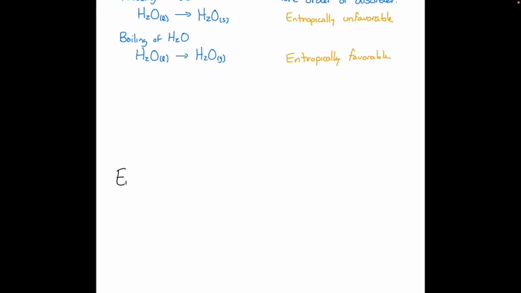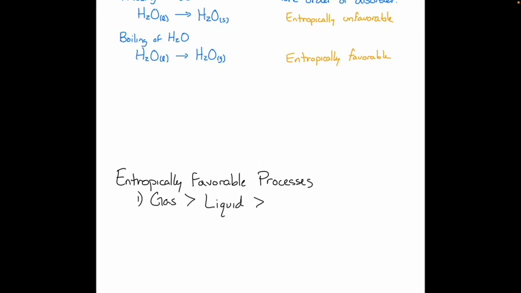All right, so we're just going to make a list of entropically favorable processes. And a huge factor, we're going to put it number one on the list here, is that gases are more entropically favorable than liquids, which are more entropically favorable than solids.